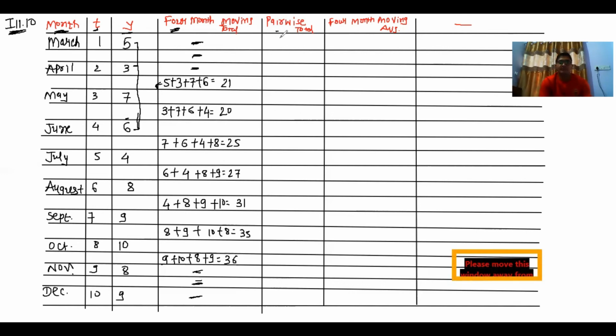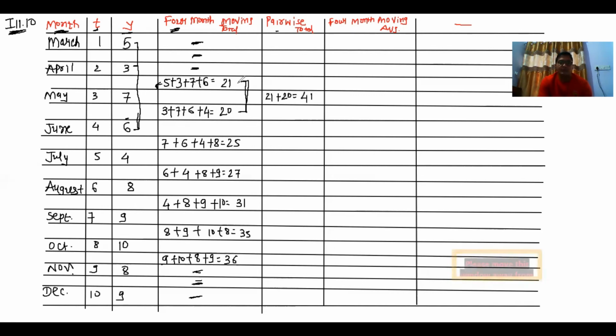Then after, the pairwise total. The next column is the pairwise total. In the pairwise total, we have to do a total of these two and write it down between these two. 21 plus 20. Answer is 41.